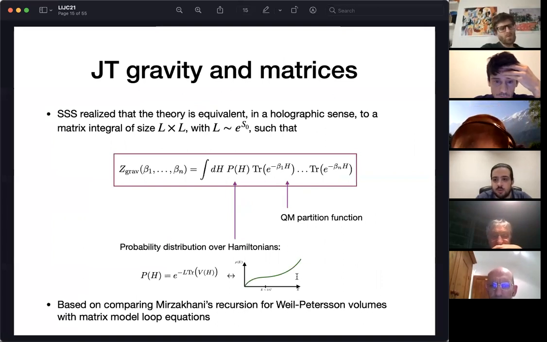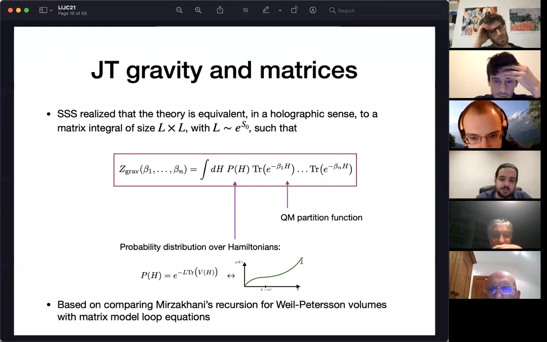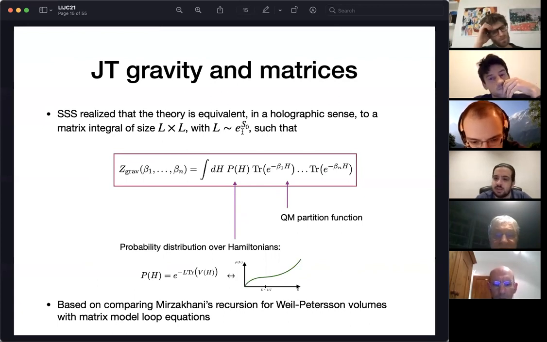If you have a matrix integral that is not in the double scaling limit, you usually have some finite range of the eigenvalues. Double scaling limit means that here this is cut off somewhere at finite energy, and I'm taking that cutoff to infinity. That's the only thing I mean. The precise relation between L and S naught depends on how you cut it off.